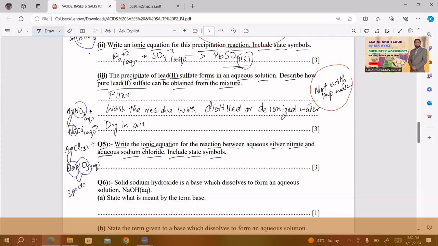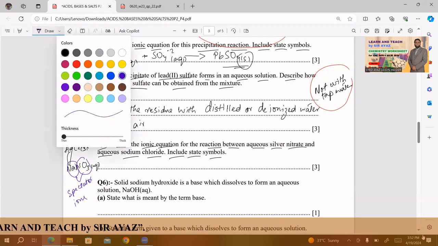Spectator ions. Whatever is left will be shown in the reaction equation.